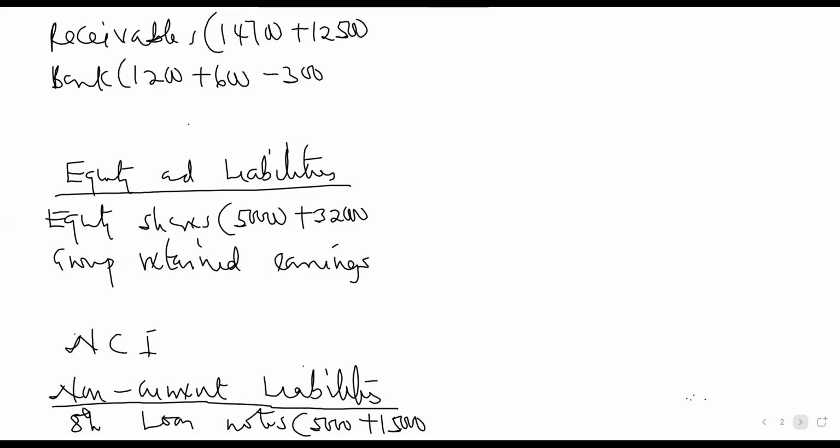Then the remaining was issued at 3.2, so the 2.2 will be a premium. Then you go and add it to a premium. But we don't really pay attention to that premium and those things. We just add all the 32,000 to the equity shares. All right. Can I move on?